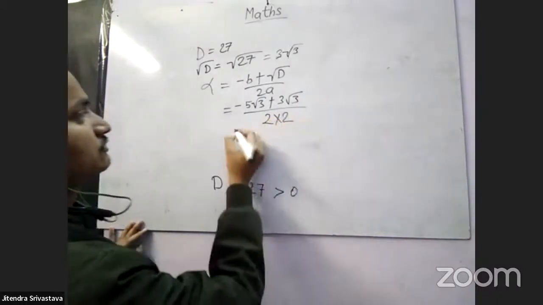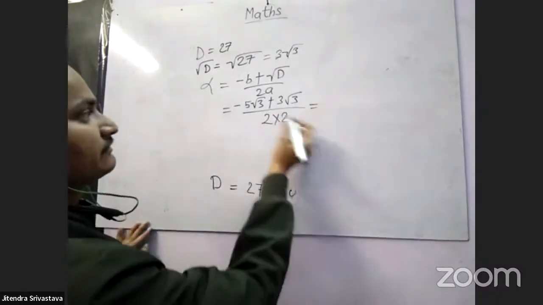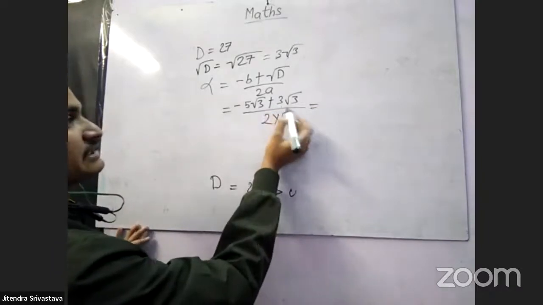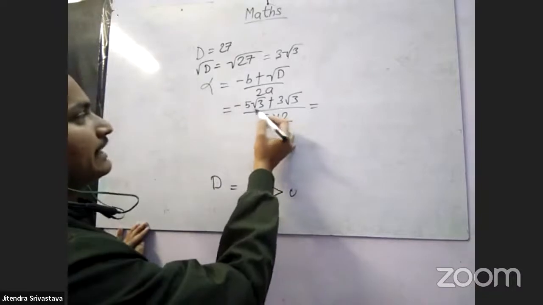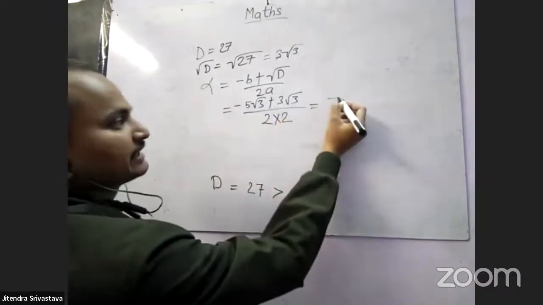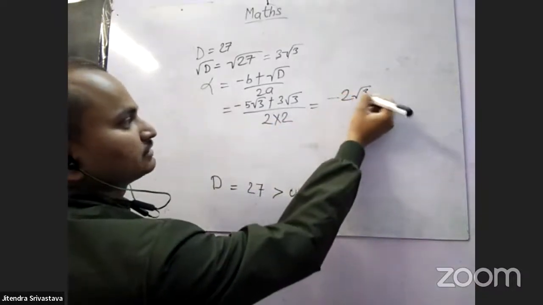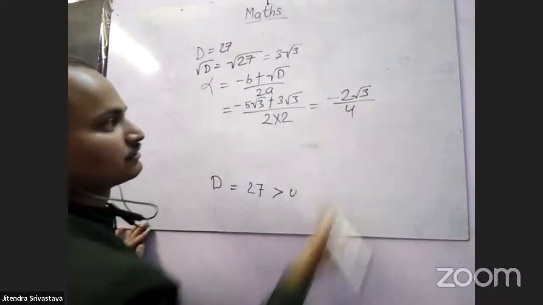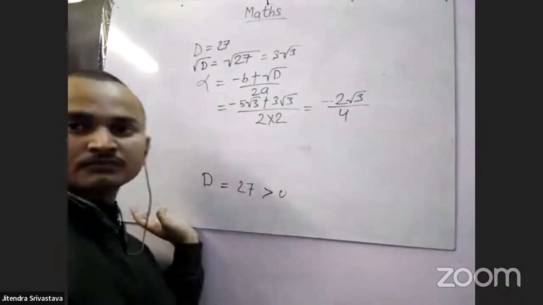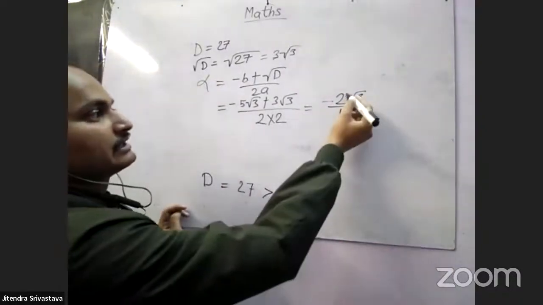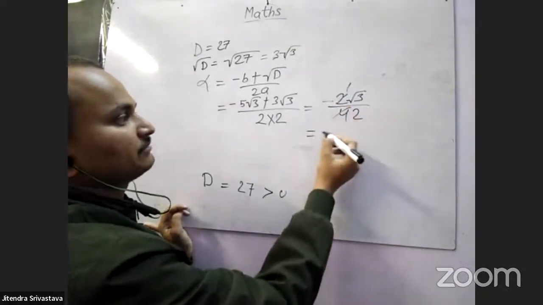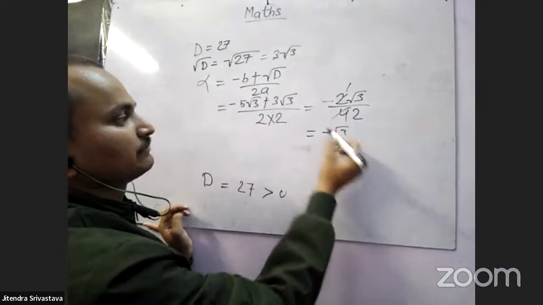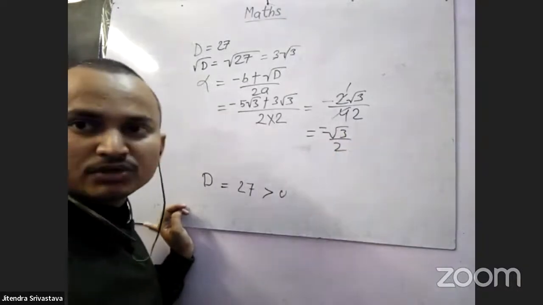What will we get? We can add or subtract here because both have the same under root 3. By adding or subtracting this, we will get minus 2 root 3 upon 4. Or we can cut this, we will get 1 upon 2. So it will be under root 3 upon 2, minus under root 3 upon 2.